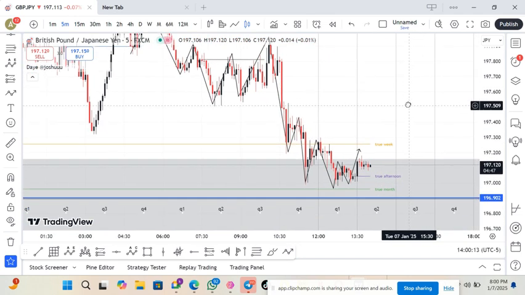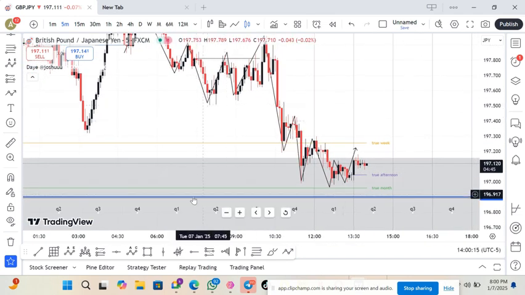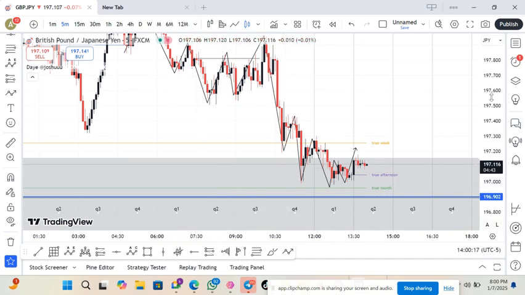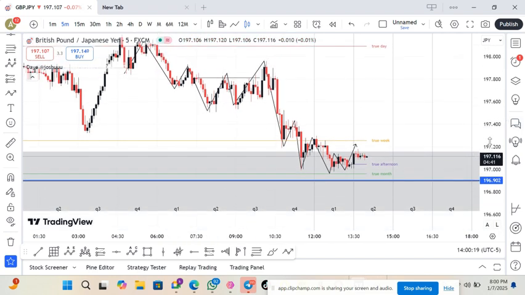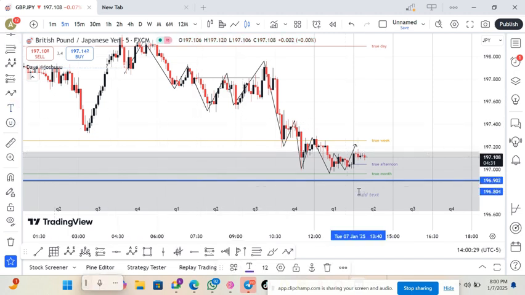And don't forget this area inside this box here is the demand area. This is the 4 hours demand area, the demand zone.